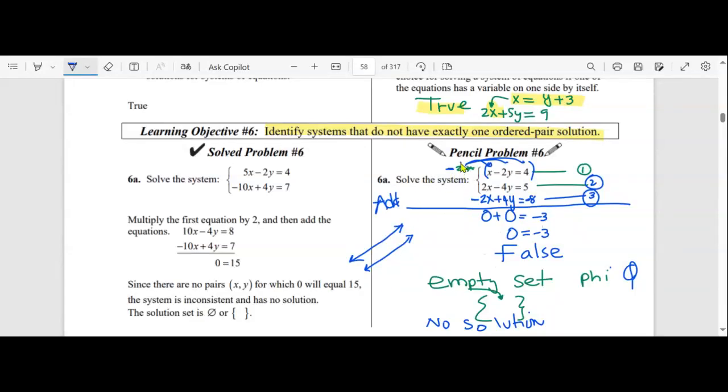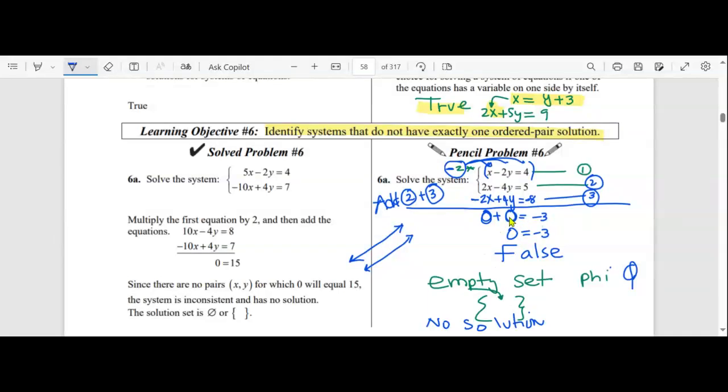Why multiply times -2? Because I need to get rid of the y. So you multiply times -2, you get +4. And then we're going to add equation 2 plus equation 3. If you add 2x plus negative 2x, you get 0. If you add negative 4y plus 4y, you get 0.